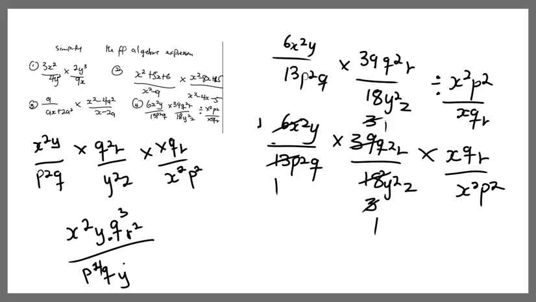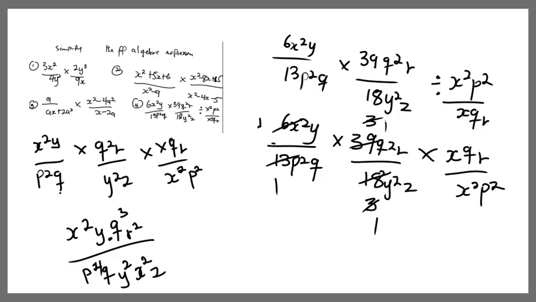So q y squared, there's also no like term for x. x squared, so we have p to the 4, y squared, okay, and then z.